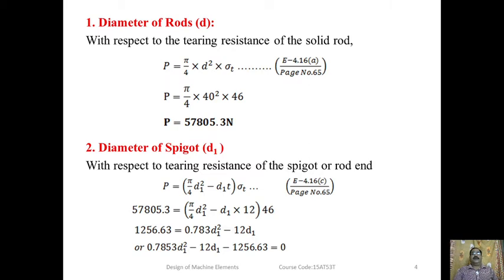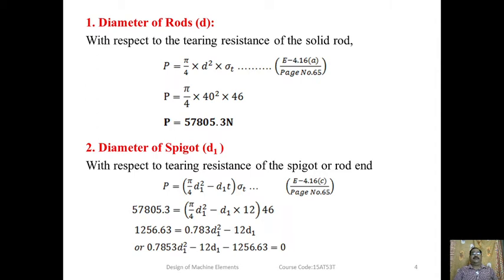After substituting the values of small d and sigma t, the value of P comes to 57,805.3 Newton. So that is the load carried by the rod.